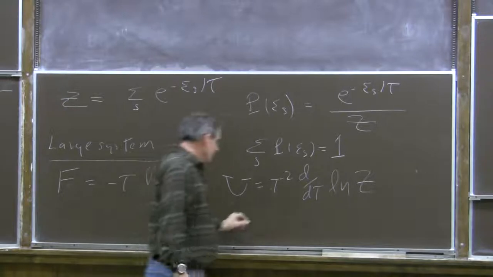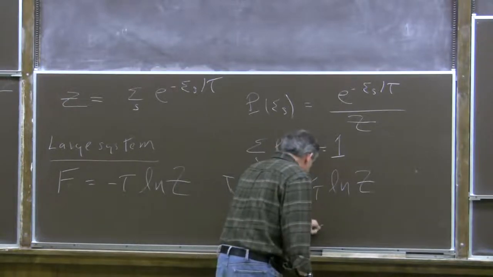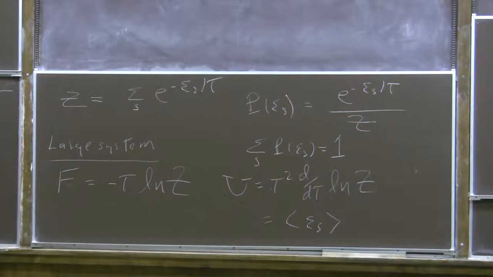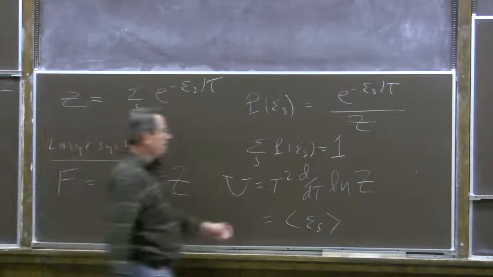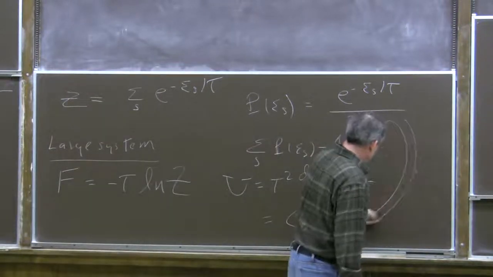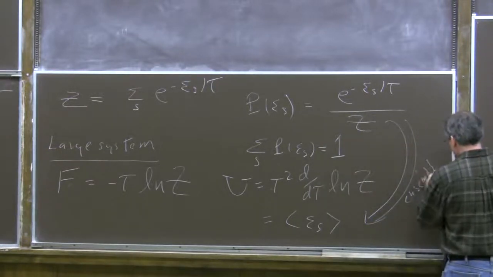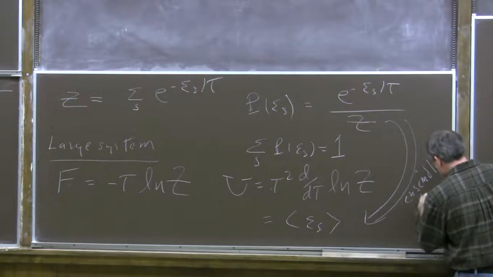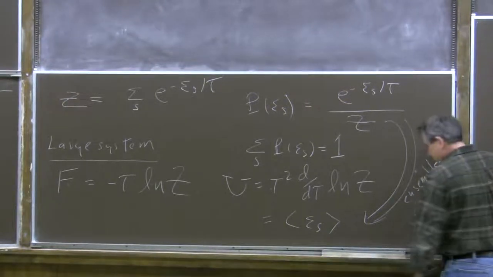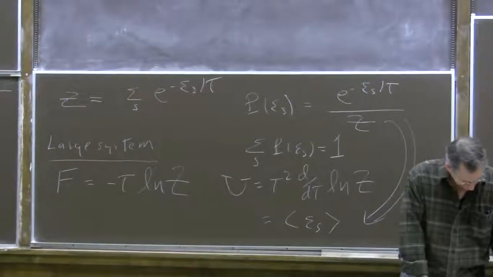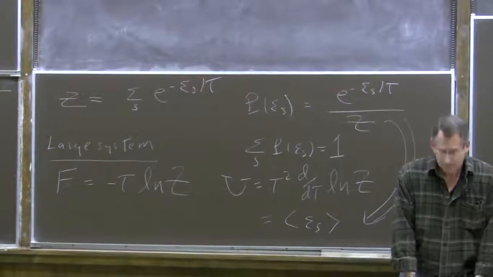So that's the same thing as the mean value of the energy of the system in the Boltzmann ensemble. I think that's pretty much what we did last time. Any questions about that?